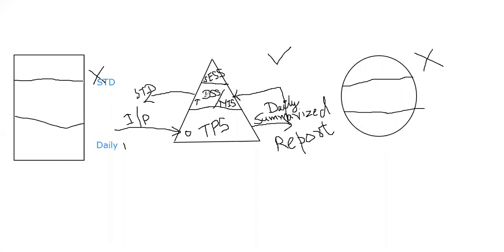So they will go for short term decisions. As I have discussed, this is a decision support system, so it helps in taking short-term decisions. Whatever short-term decisions they take, they feed back to the upper level, and on that basis they make long-term strategies, deciding either to change their long-term strategies or to continue working on their long-term goals, objectives and strategies.